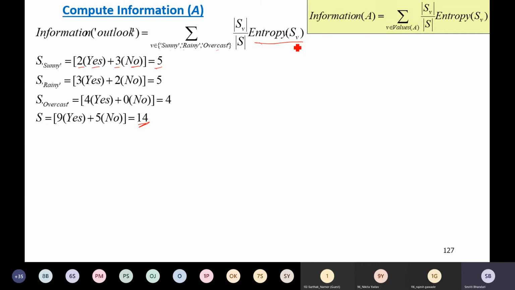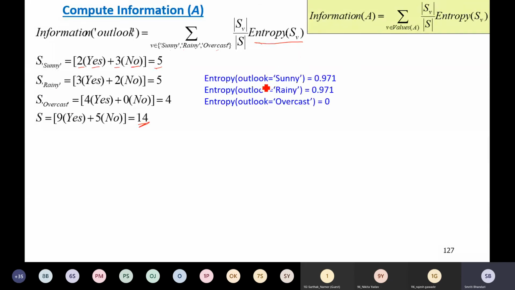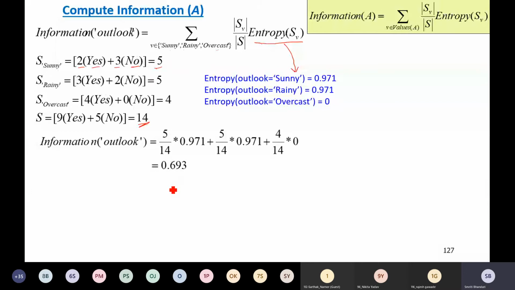Right? And we have computed entropy values for all those different values of the attribute. So entropy for outlook sunny equal to 0.971, outlook rainy equal to 0.971, and entropy for outlook overcast equal to 0. So we have these values with us. Just by substituting all those values in our formula, see here.